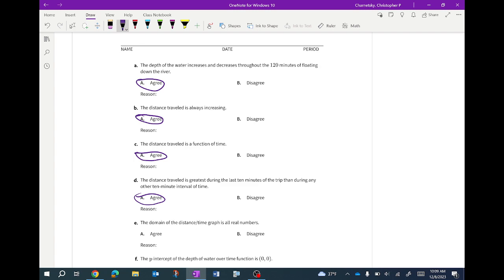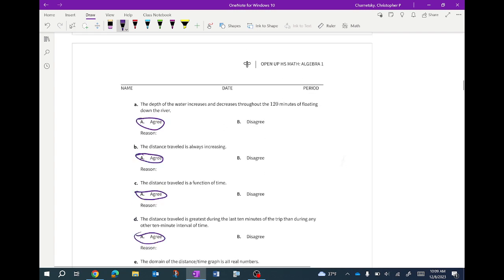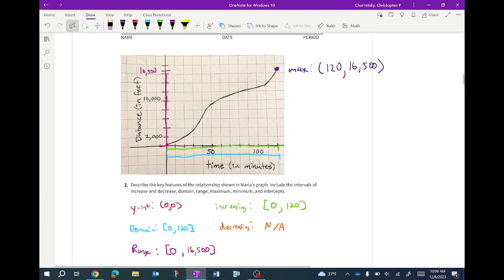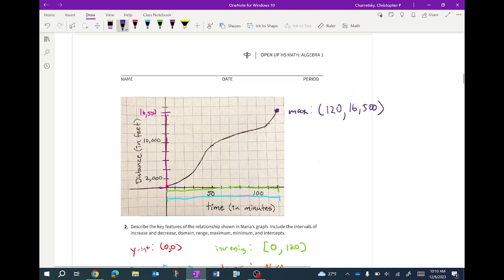The domain of the distance time graph is all real numbers. Well, even though we could put any number in between here and the line is connected, we don't have anything before any negative numbers, and it seems to me that we have stopped at 120 minutes.